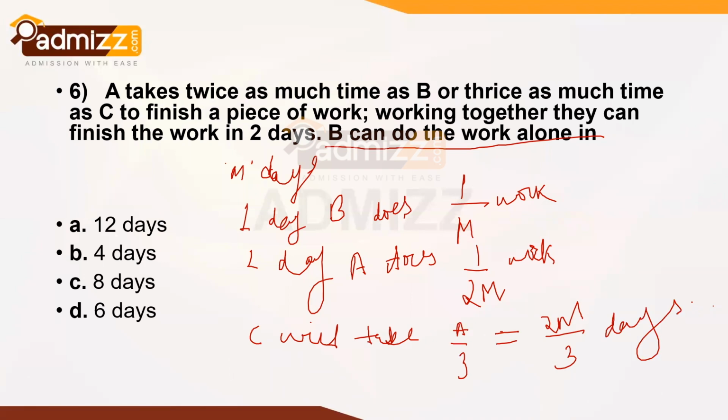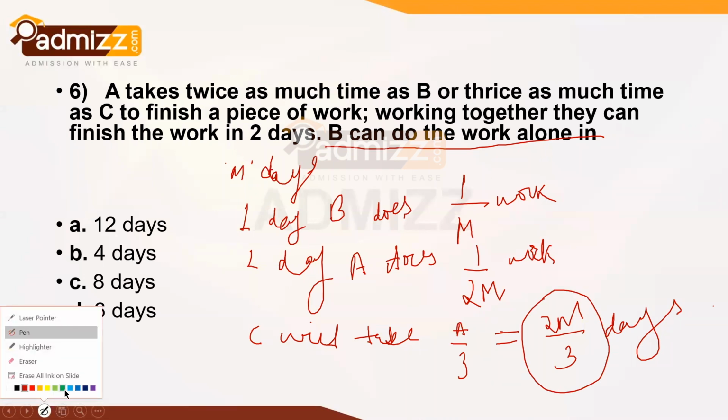This is because A takes thrice as much time as C takes to complete the work, right? So with that done, this is the time that C takes to complete the entire work, all right? So keep that in your mind as well.